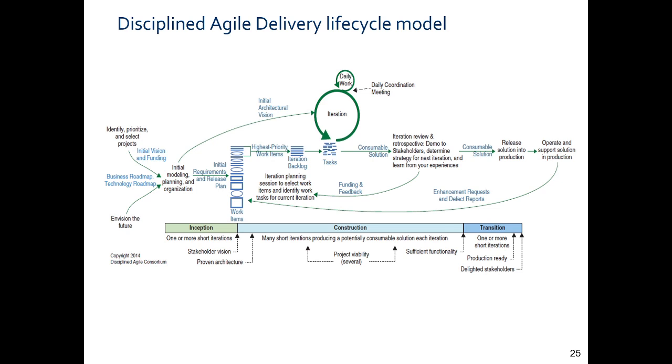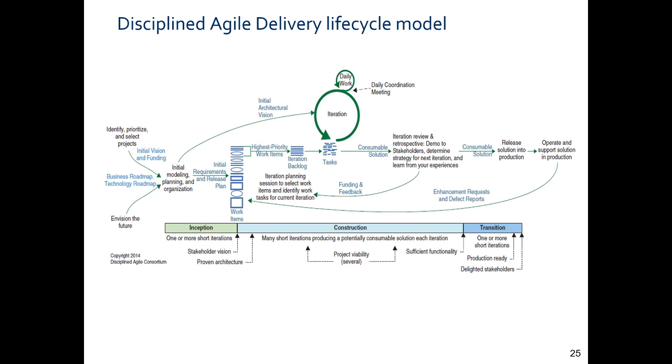Elaboration has been removed. So in the inception phase, we reach out to the stakeholder vision, right? And from construction start to end, we go around to architecture determination, design, iteration, daily work, sprint coordination, sprint review, retrospective, everything has been done.